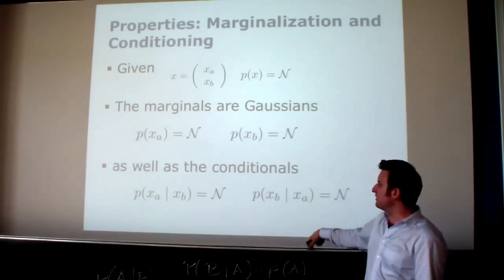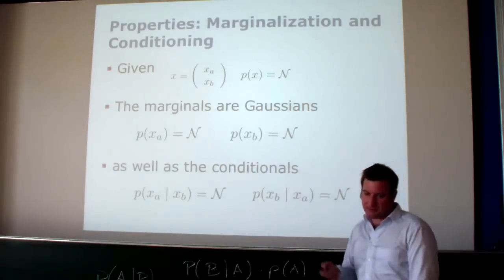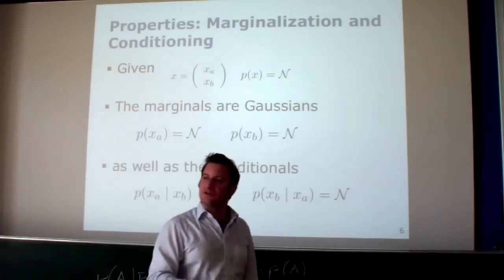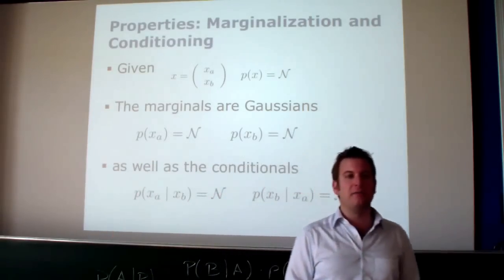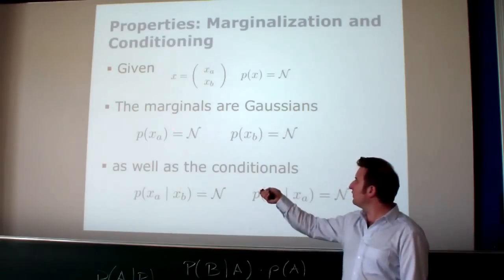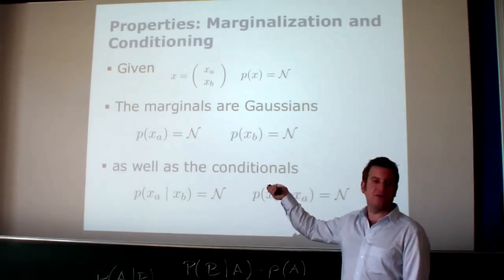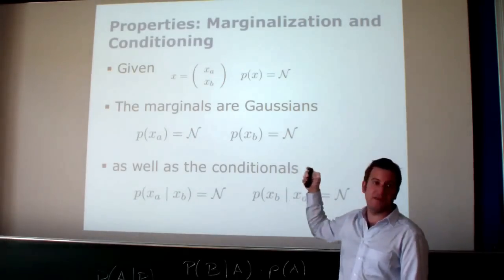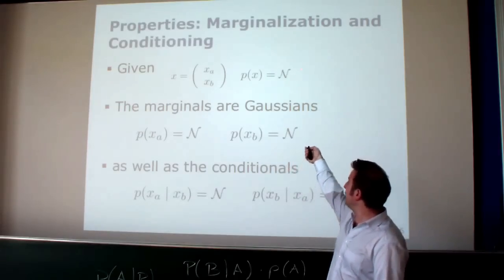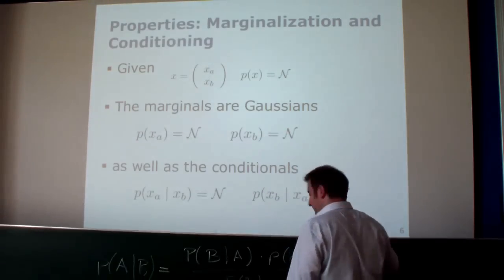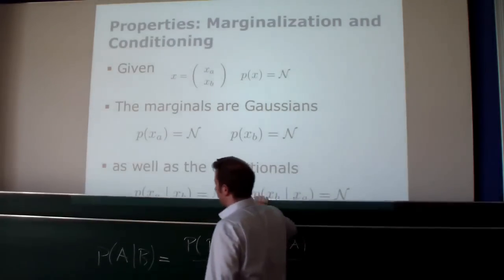And even if you condition them, p of xa given xb and the other way around, p of xb given xa, are again both Gaussian distributions. The marginals are pretty easy because the mean of this Gaussian distribution is the first dimensions of the original mean, and the covariance matrix is just the cut out part of the covariance matrix.